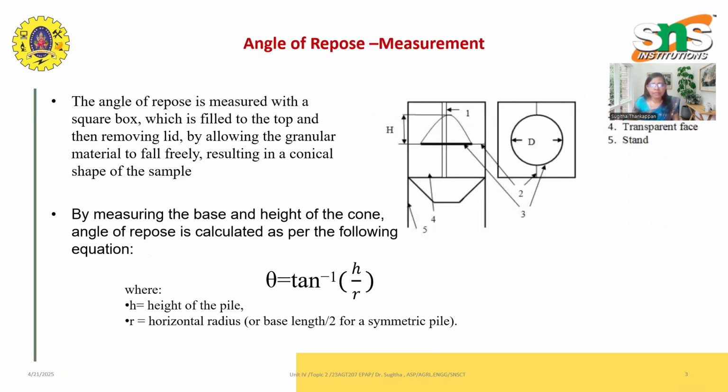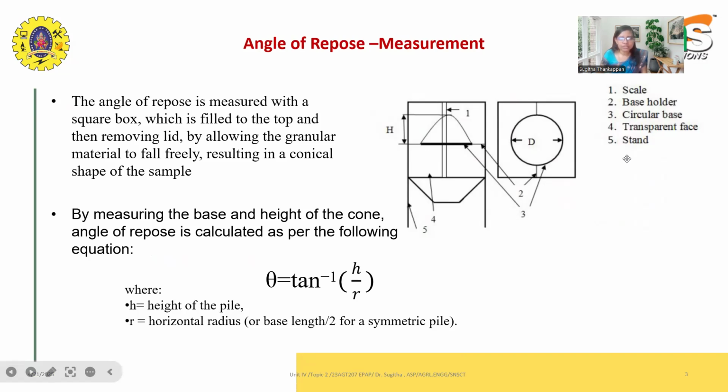How can you measure the angle of repose? Angle of repose can be measured by a facility like this. It is measured with a square box in which you have to fill the material of interest to the top. Then you have to remove the lid and allow the granular material to fall freely so that it results in a conical shape of the sample.